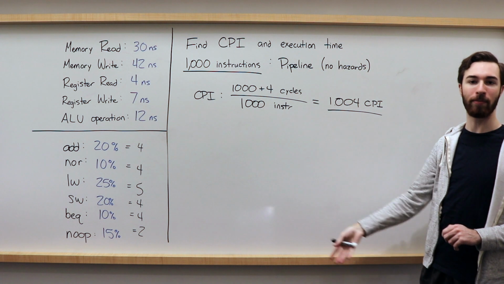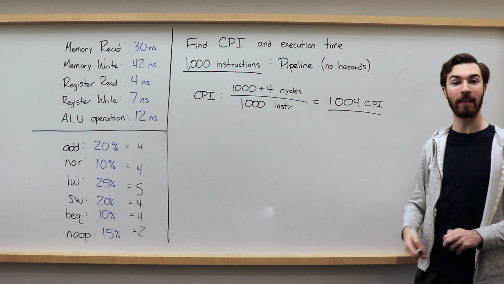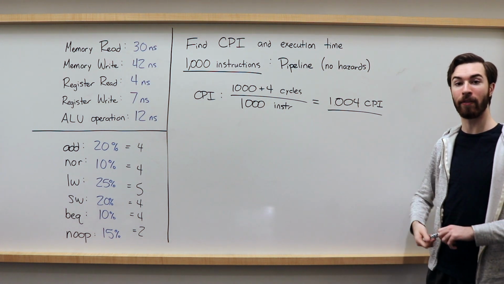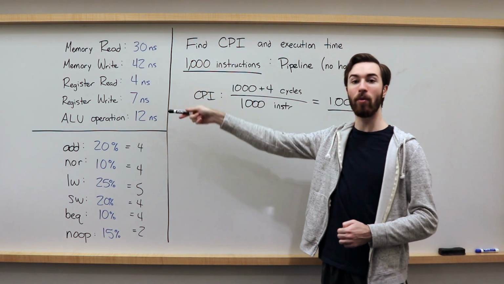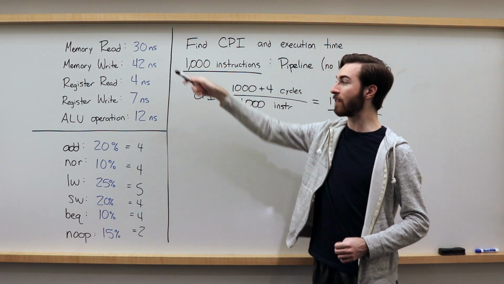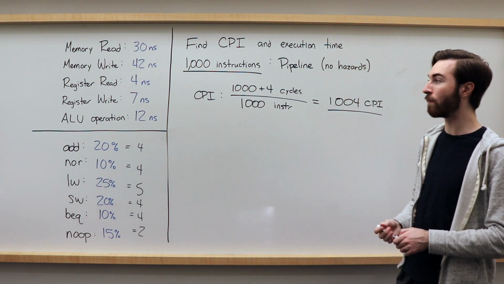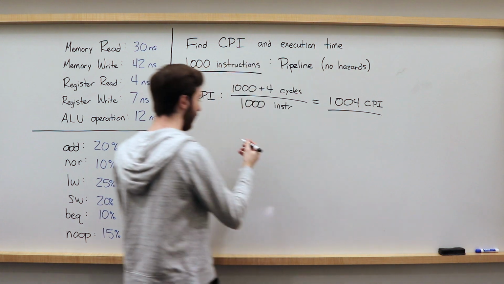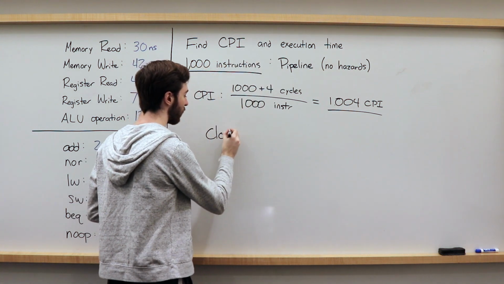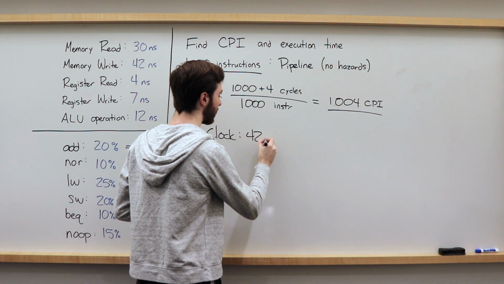So now when we want to worry about execution time, we again need to take the number of cycles and multiply by the clock period. And just like in the multi-cycle case, the clock period of the pipeline data path is dependent on the longest running component of the data path. In this case, that's writing to memory, which takes 42 nanoseconds. And so we can say our clock period is 42 nanoseconds.